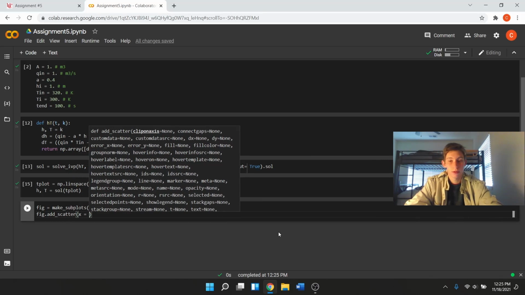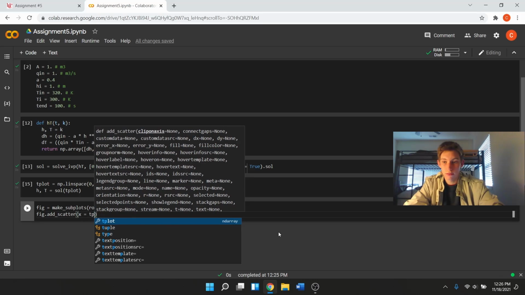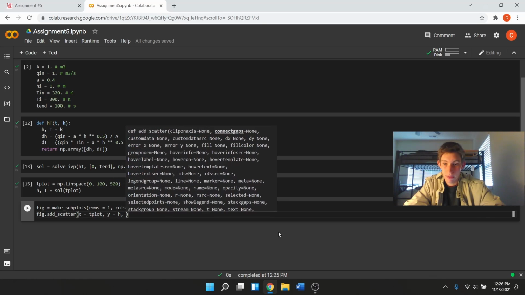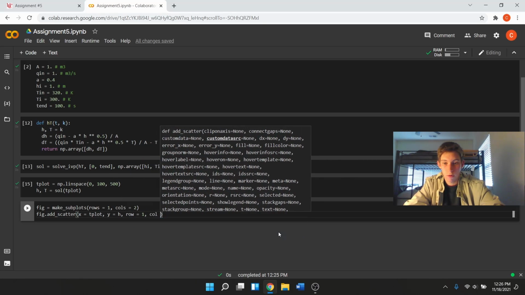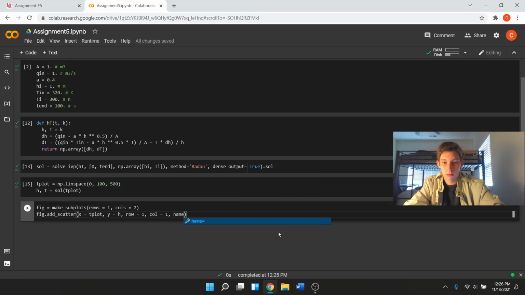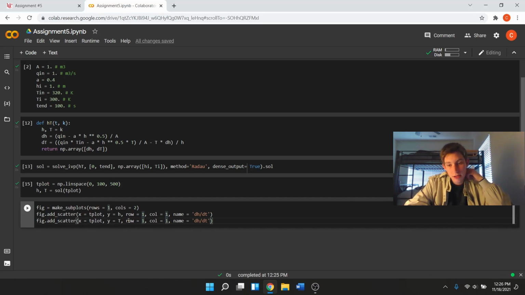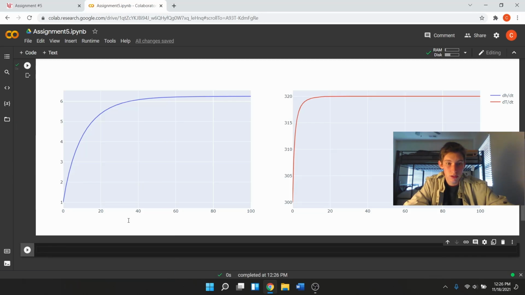Our first will be for the height, so our x will be the t-plot for all the time points, and then our y is going to be the height, and then it's just for row 1, column 1, and then we'll name this dH/dt, and then same thing for the temperature, except we're changing our y-axis to be for the temperatures, and then the column will be set to 2, and then it's dT/dt. So let's see how this looks.